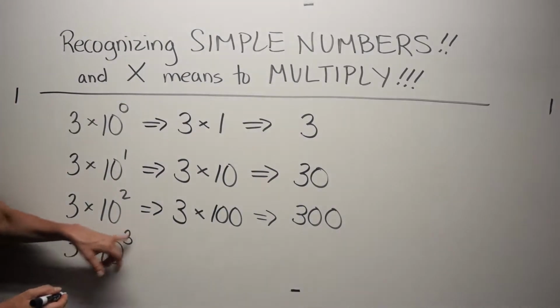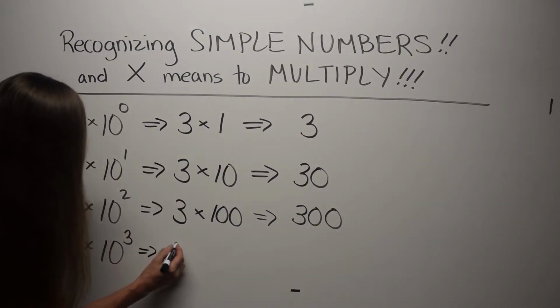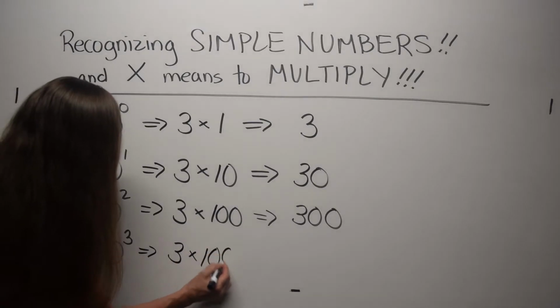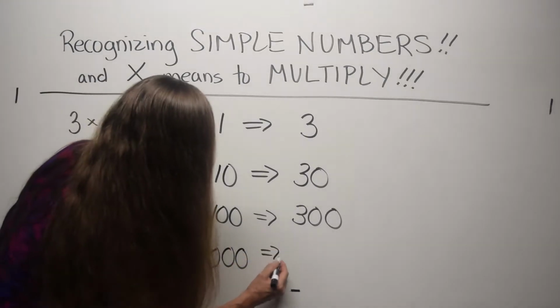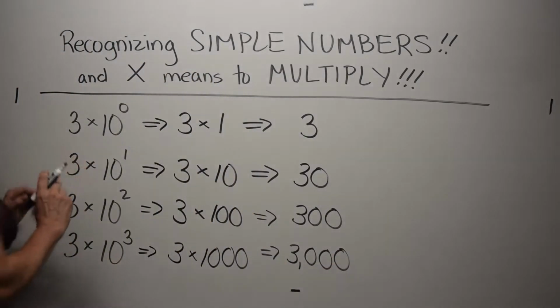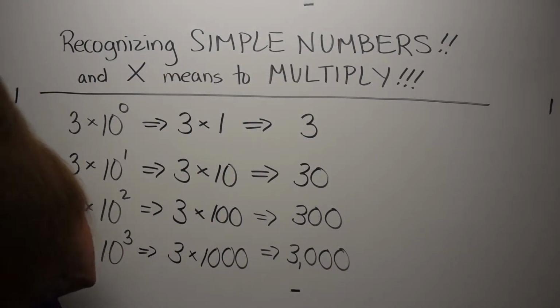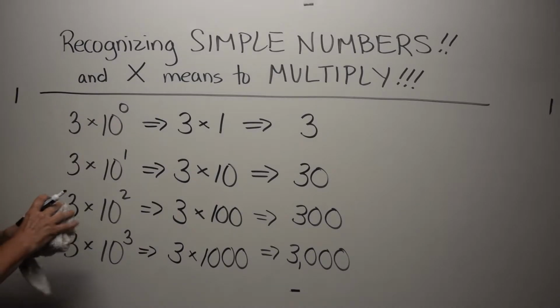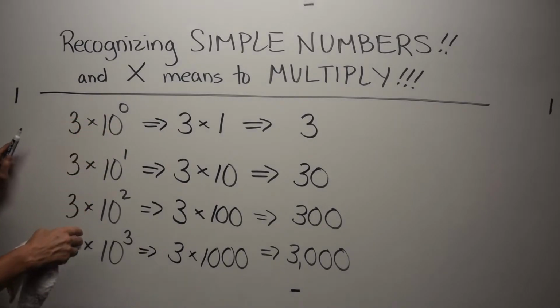Any mantissa times 10 to the third power, 3 times 1,000, would be 3,000.